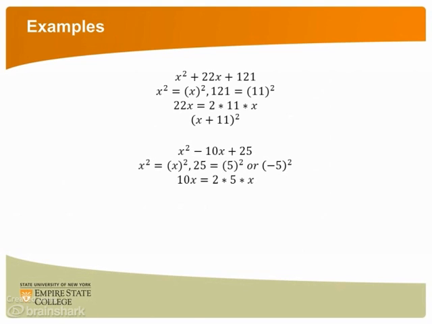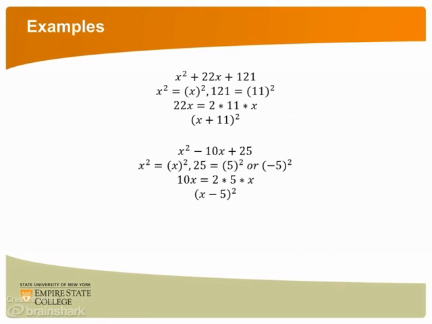We verify that 10x does equal 2 multiplied by 5 multiplied by x. Because we had minus 10x, we use the minus 5 option. So the factored form will be the quantity x minus 5 squared.